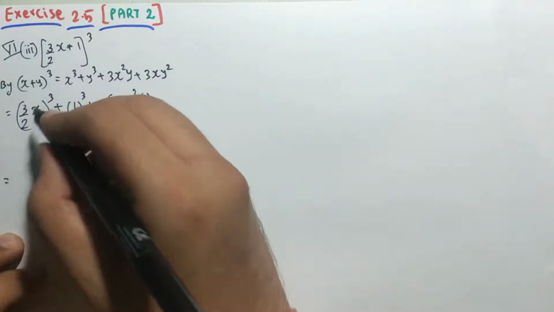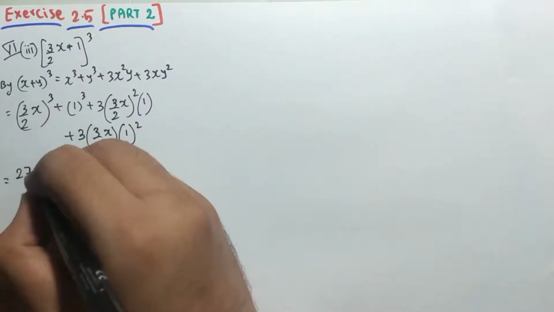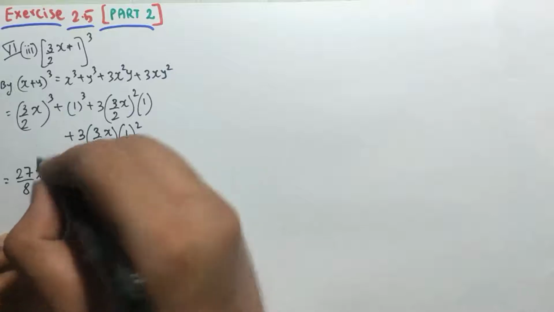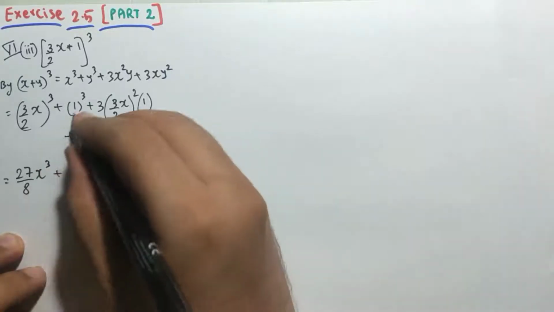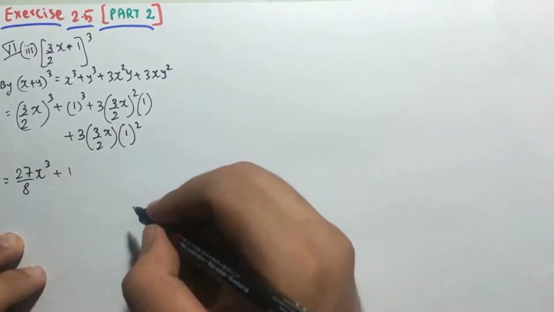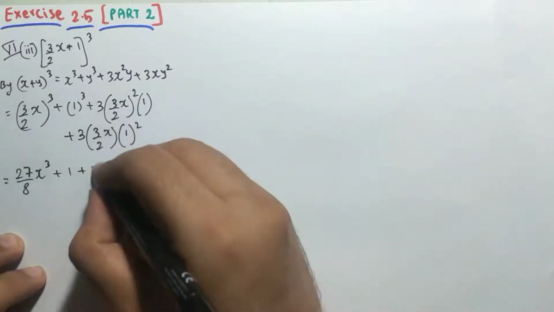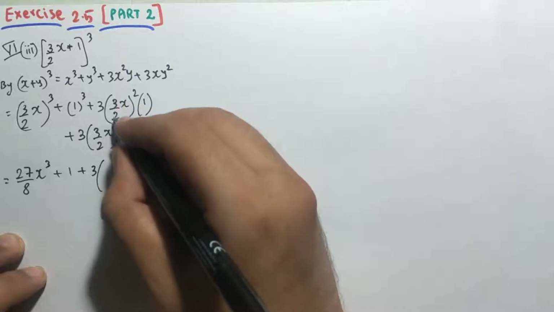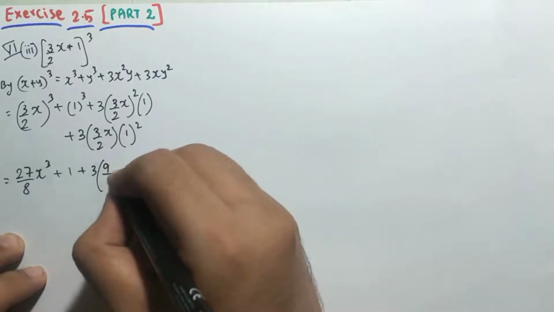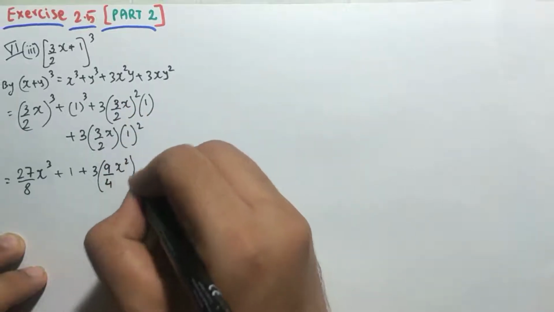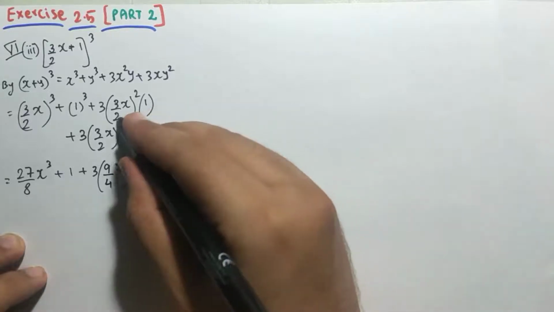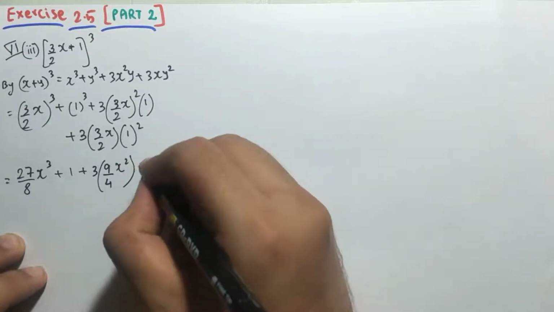This would become (3 by 2x) whole cube, which is 27 upon 8x cube, plus 1 cube is 1, plus 3 multiplied by the square of 3 by 2x, that is 9 by 4x square. Into 1, I am not writing into 1.